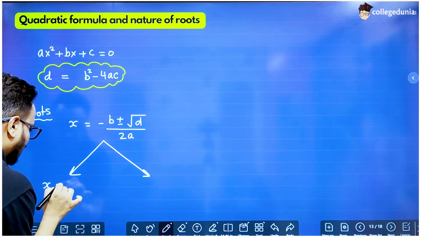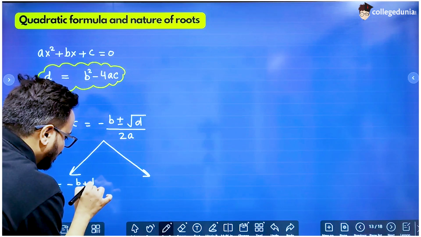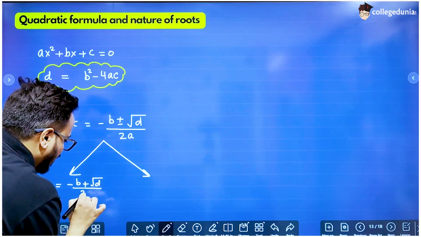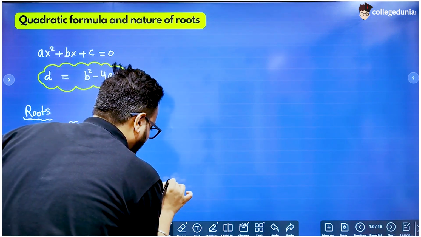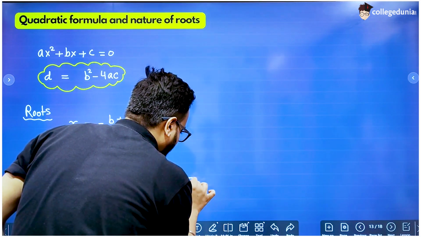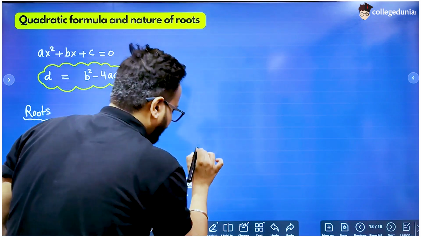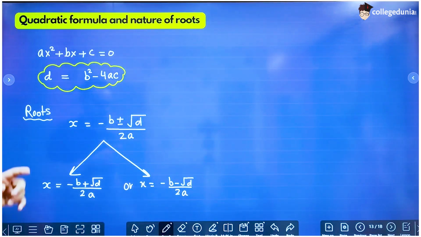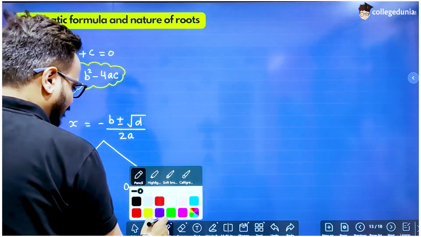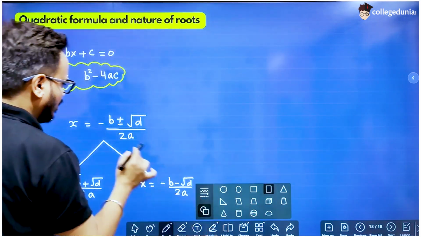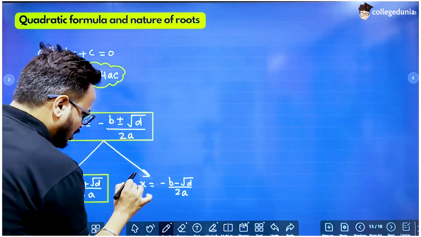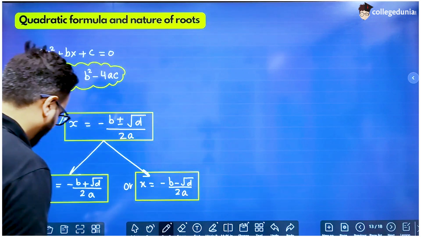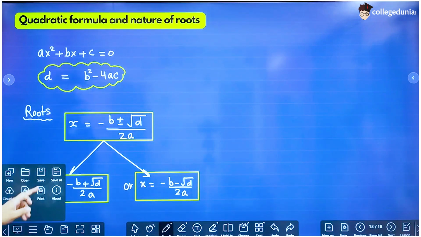One value is minus b plus root D by 2a, and the second value is minus b minus root D by 2a, right? So these two values are the roots of the quadratic equation. Again, I am telling you, we are not discussing the derivation. You must be thinking from where this formula has arrived, but we have not discussed the derivation part.